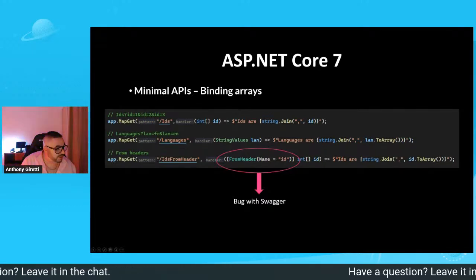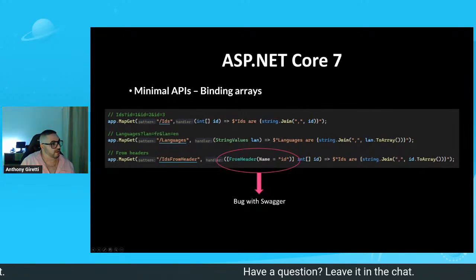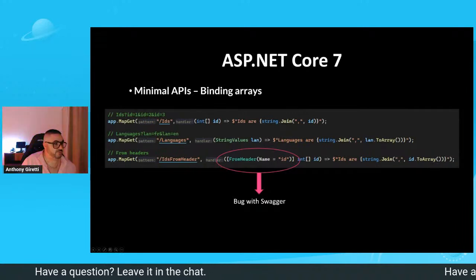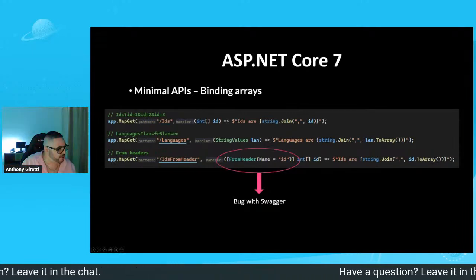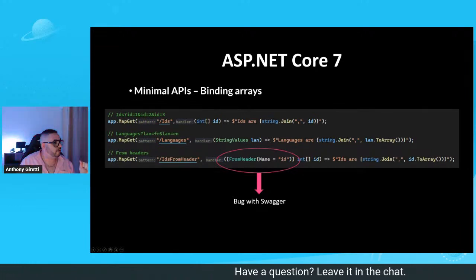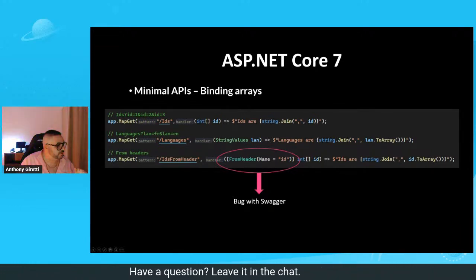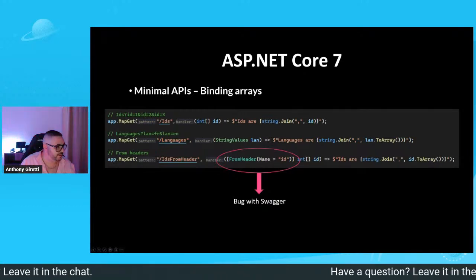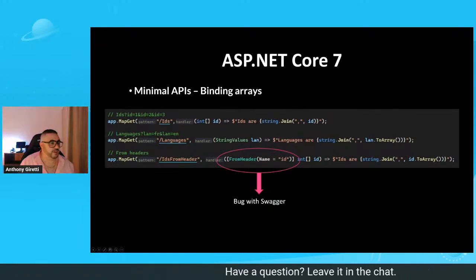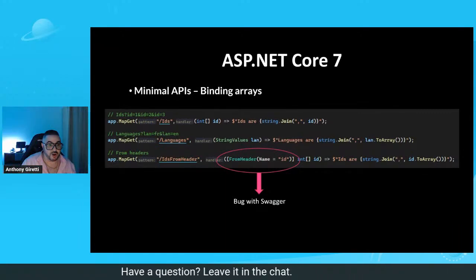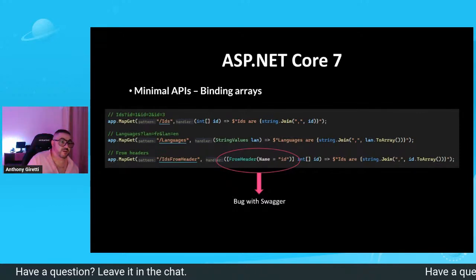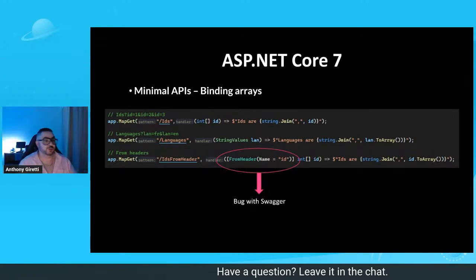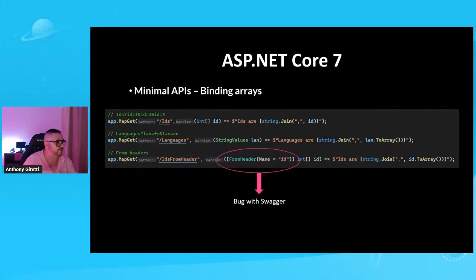So using StringValues will always provide you a collection of strings, and then you probably have to cast them. Unlike the first version of the binding arrays, the framework does it for you. It casts for you into integers, if it's an integer. If it's a collection of GUIDs, it will provide you an array of GUIDs. If you use StringValues, it will be a collection of strings. You will have to cast them into a GUID yourself.